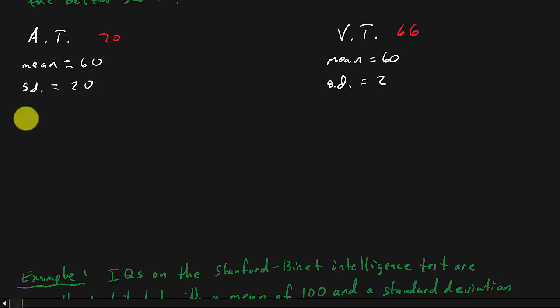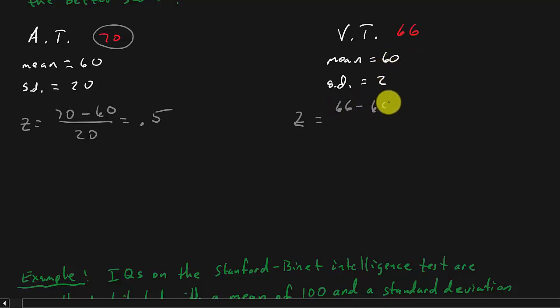The z-score is going to be the data item minus the mean over the standard deviation. And so that equals 0.5. And then let's find the z-score for the vocabulary test, the data item minus the mean over the standard deviation, where that's going to be 6 over 2, which is 3.